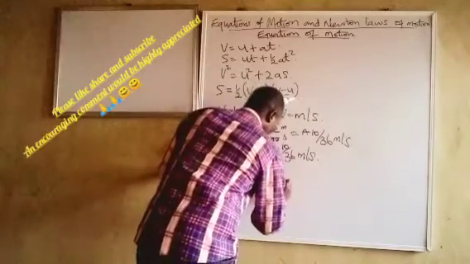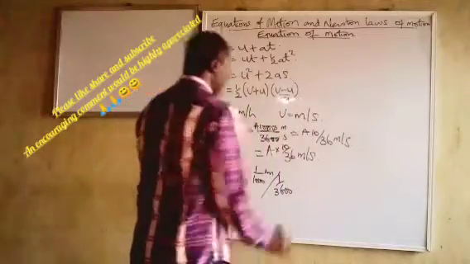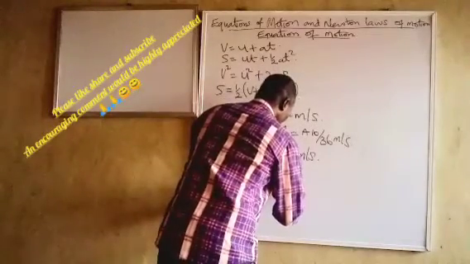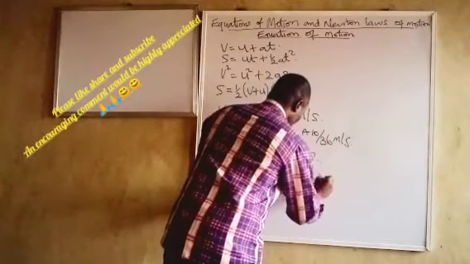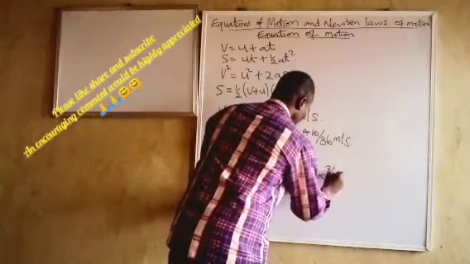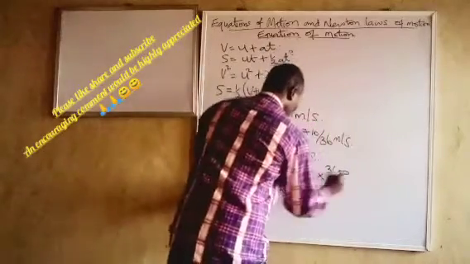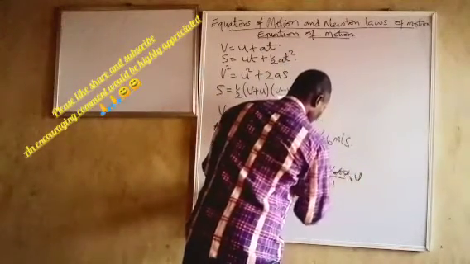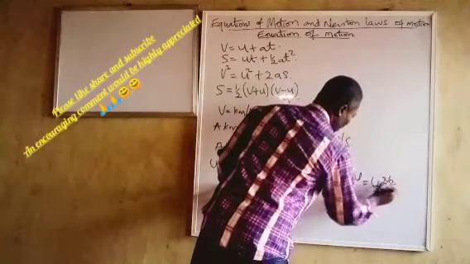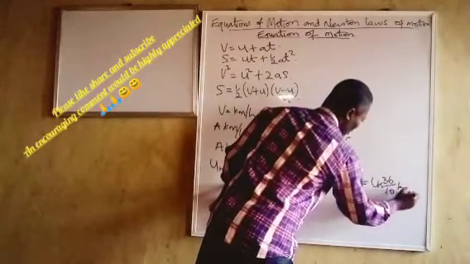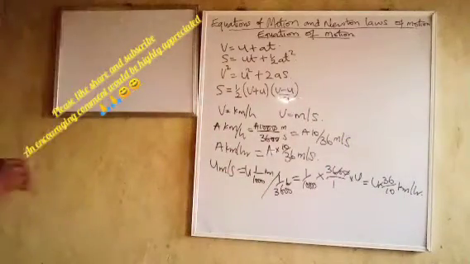We have 1 over 3600. So what do we have now? We are going to have 1 over 1000 times 3600, multiplied by U. So it's going to be U times 36 over 10 kilometers per hour. So you can see that's straightforward, please. Always know that.